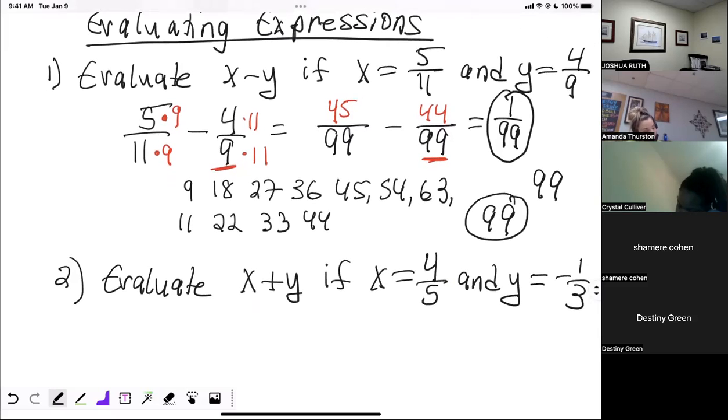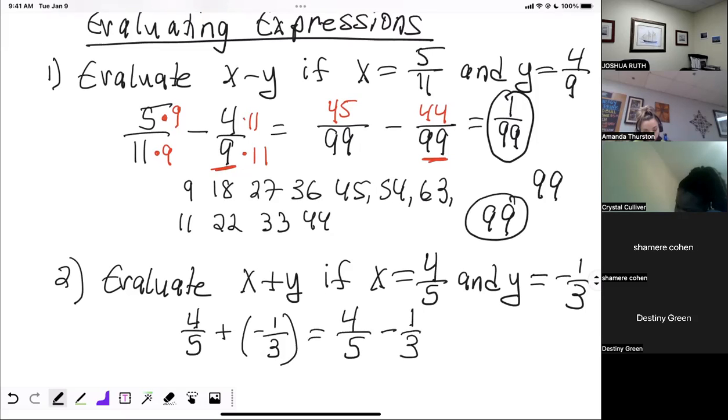All right, so we're going to plug in and simplify. So x is 4/5 plus y is -1/3. I'll write it like that first, but then I really know it means 4/5 minus 1/3. So what's the common denominator? You can write them out, but it's going to be 15.